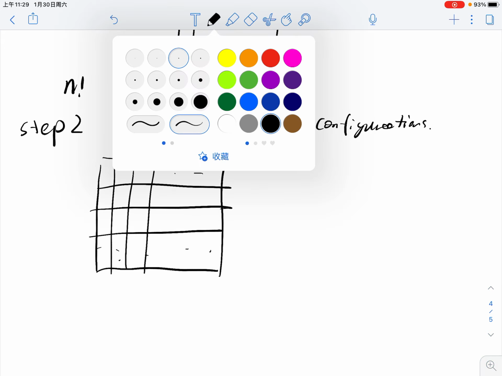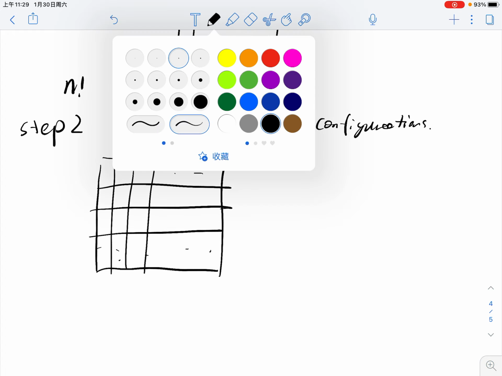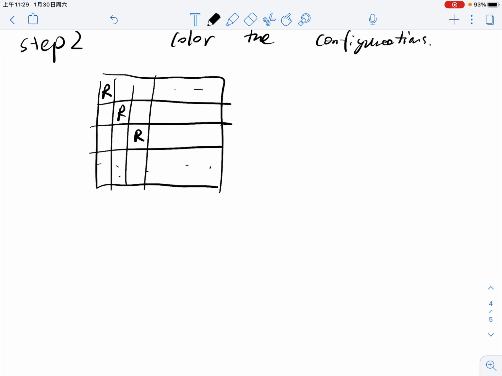Okay, for example, like this. And now let's color these rooks. So how do we color it? Because in each row and each column, you only have one rook. So how to color?